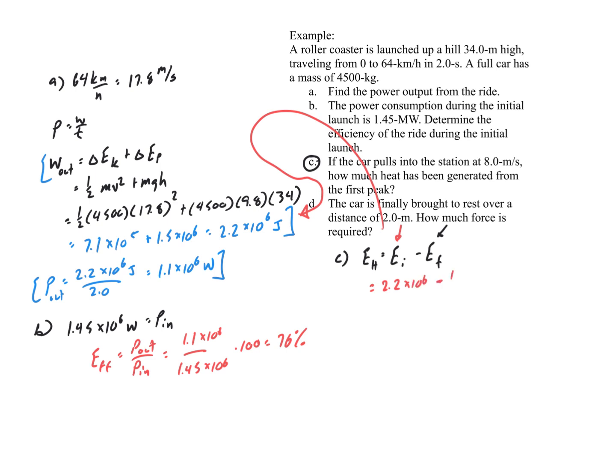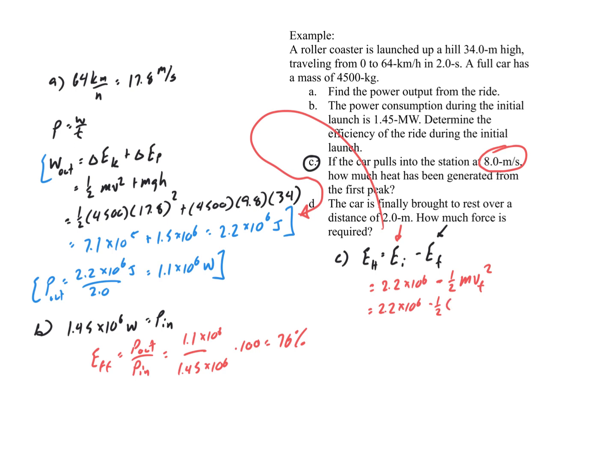That final energy, I'm going to be able to figure out by 1/2 mv squared. And what happens here is it's telling me that it's pulling in at 8 meters per second. So that's kind of what it starts, and then it ends up stopping at some point. So what's happening is it's not moving as fast as it should be because some energy was lost due to friction. So we're going to plug that in here, times 10 to the 6 minus 1/2.